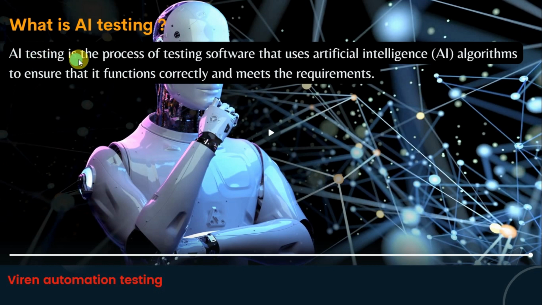Yes, AI testing is the process of the testing software. Like we do the software testing, it's kind of the process of the testing softwares. I have already said that AI is the combination of hardware plus software. So, as a software engineer, you cannot perform the hardware testing, but you can perform the software level testing.